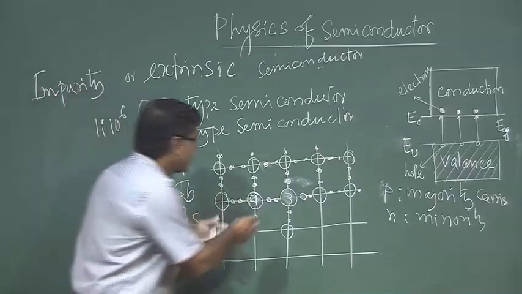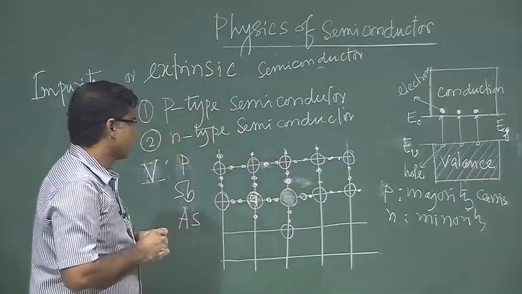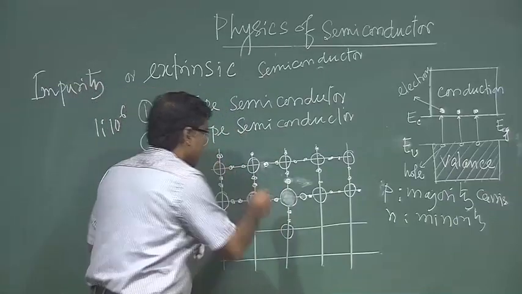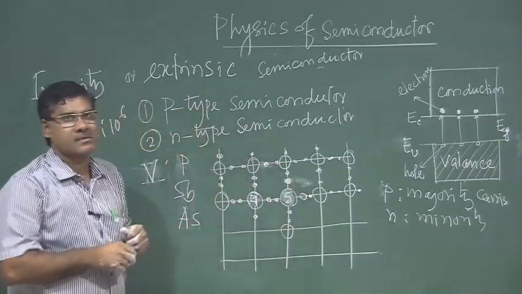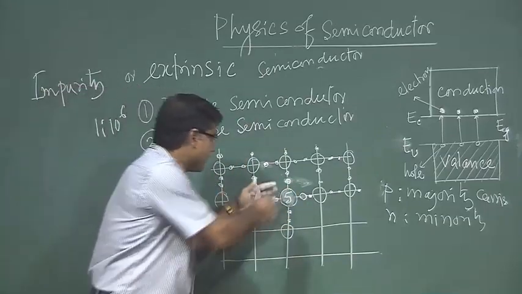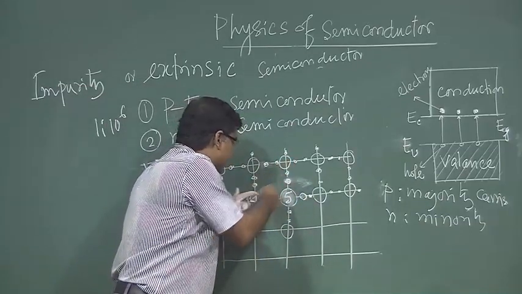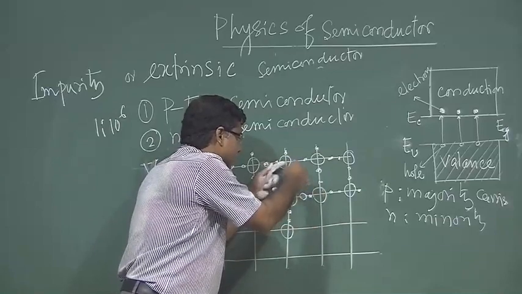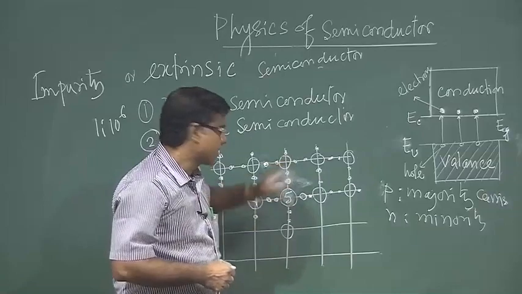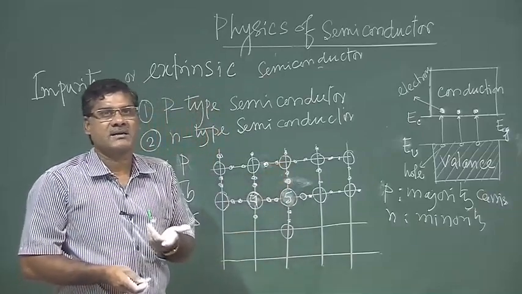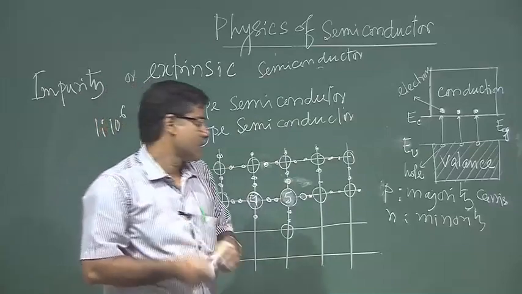So, with 5 electrons, the core has a positive charge, and 4 electrons will be taken by the neighboring silicon atoms, and 1 electron will be extra, with nobody to take it to form a bond.